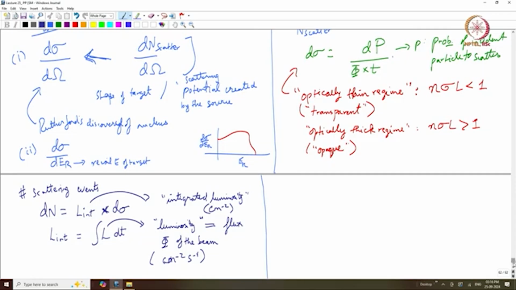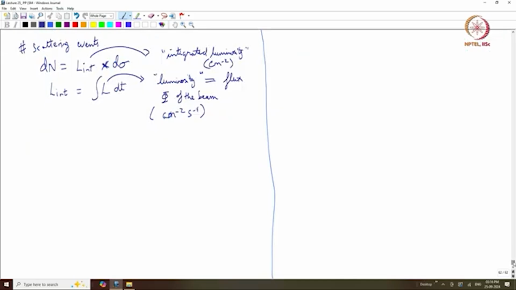But in practice, people use a different unit, okay, for both cross sections and luminosities, and that is to say that the cross section is some prefix with a barn.